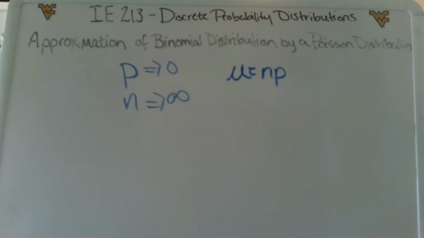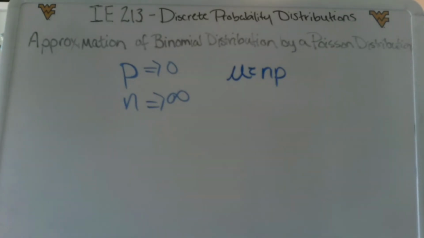If p is close to 1, we can use the Poisson distribution to approximate the binomial probabilities by interchanging what we have defined as a success and a failure. If we just flip them, then now p becomes close to 0.